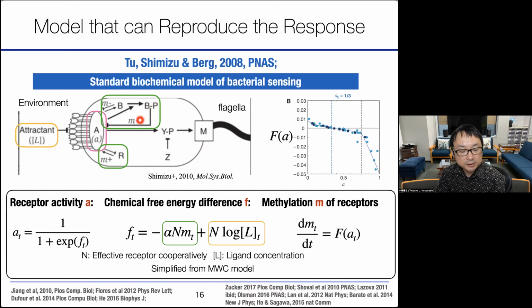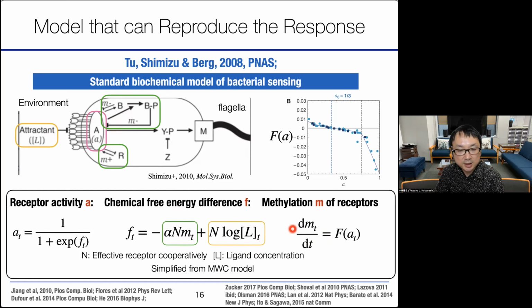This model has the attractant concentration and also the receptor activity here. A is the receptor activity, defined like this, and it is a function of the chemical free energy difference of the receptor states, activated state and inactivated state. This F is a function of the ligand concentration, attractant concentration, and also the methylation level M of the receptors.